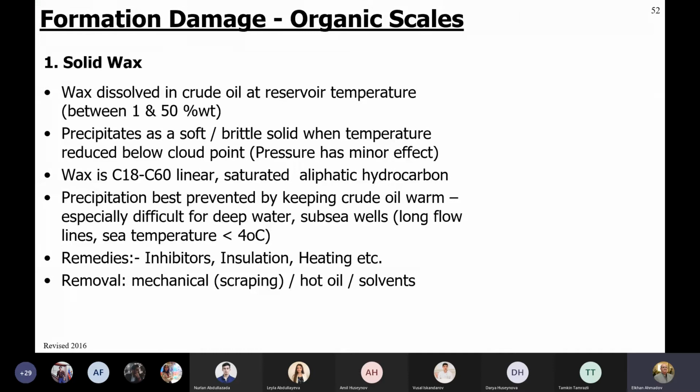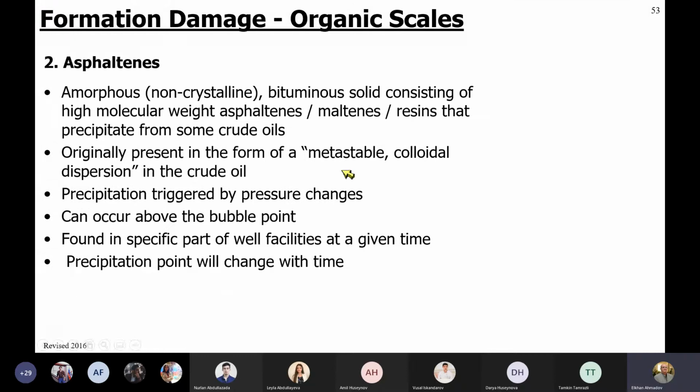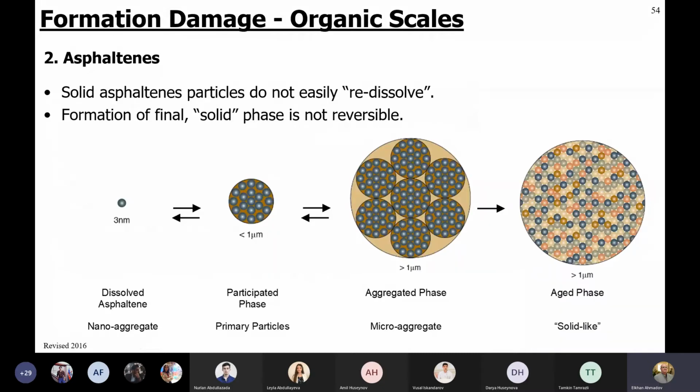Asphalt is another amorphous bituminous solid in heavy crude oil, and it is difficult to dissolve. If it becomes a solid phase and aggregates into relatively big solid particles, it's not reversible.